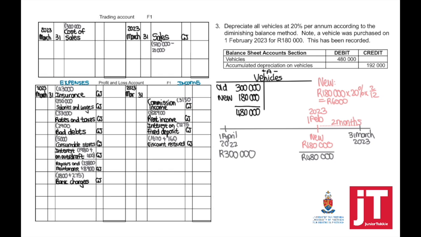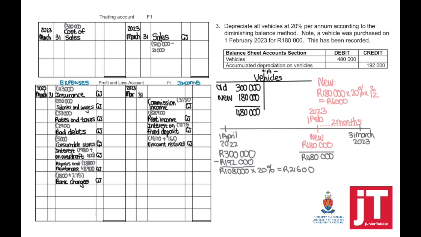Diminishing balance method means book value. It is not relevant when we're calculating it on the new, because it's the first time that we're calculating the depreciation. But it is relevant in calculating the old. To calculate the old, the remaining, we need to use the book value, which means the cost in the beginning, 300,000, minus the accumulated depreciation, 192,000, then we can only times that by 20%.